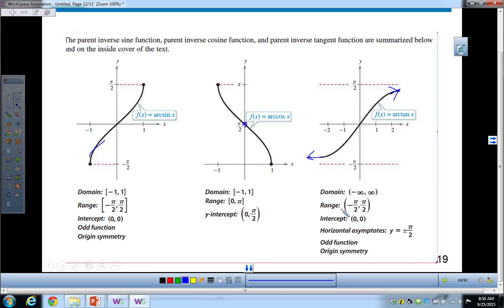So the inverse tangent, the answers can get close to pi/2, but can never touch it. But the values that you plug in can go from -infinity to +infinity. So this one goes like this forever, okay?